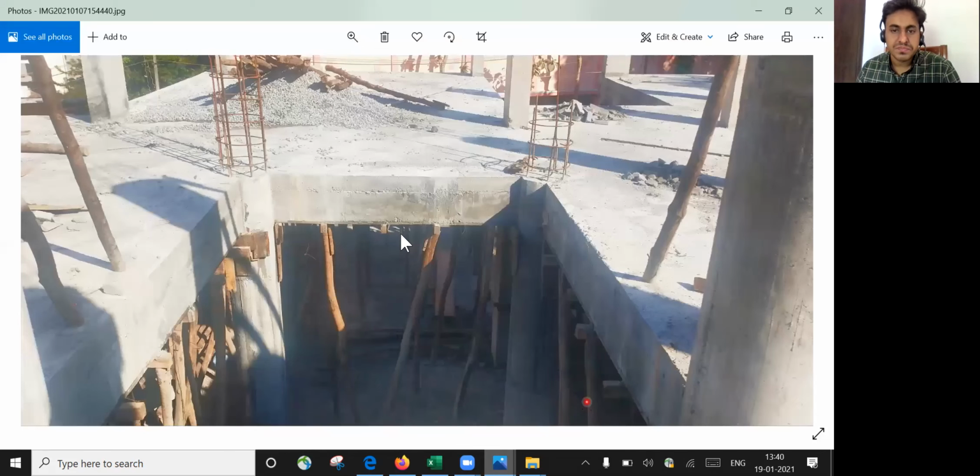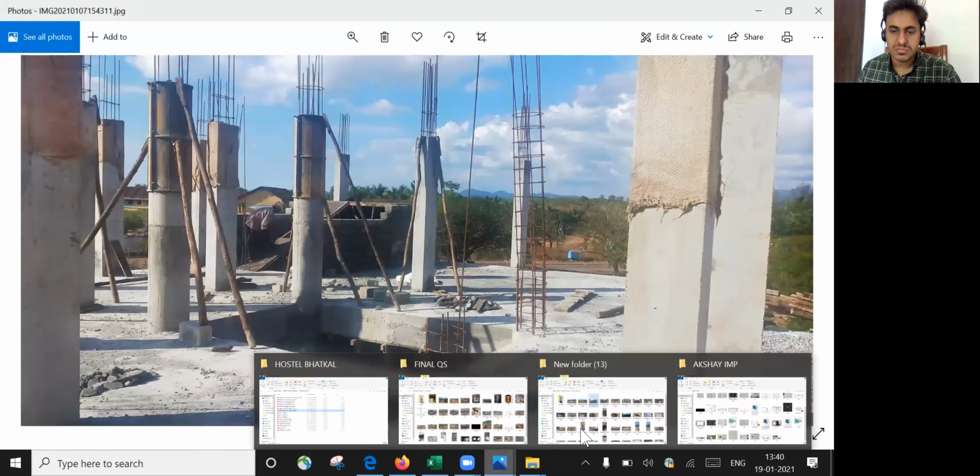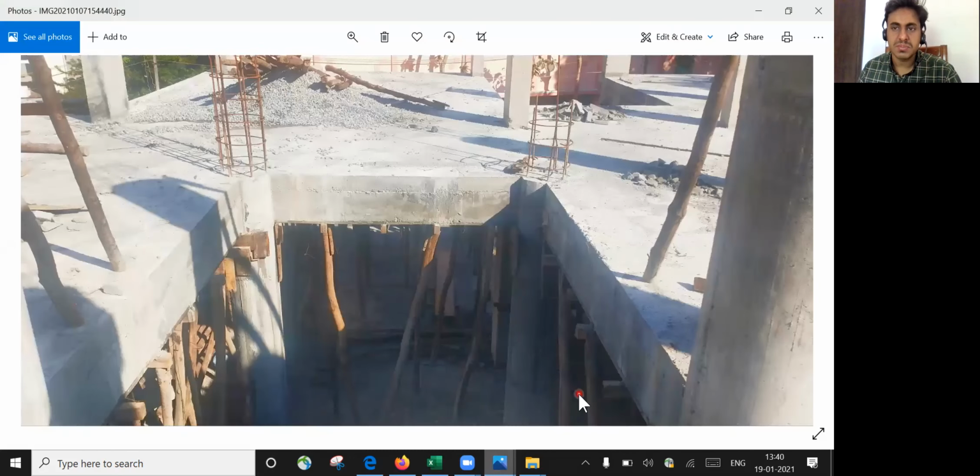Here it's not clearly visible to you because this is my outside shuttering. I'll try to do it here itself. So this is gone completely. This is my 380 mm, isn't it?